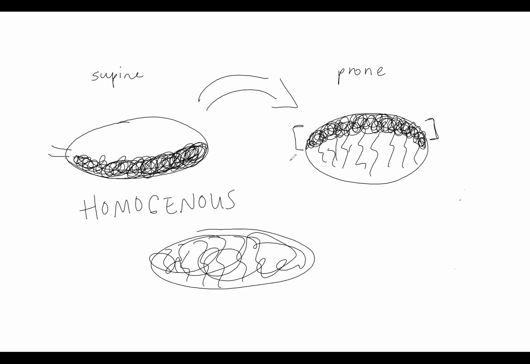But when it's homogeneous, the air that's being blown in can really distribute in a very even pattern. And what does that do for us? It reduces our chance of lung injury.